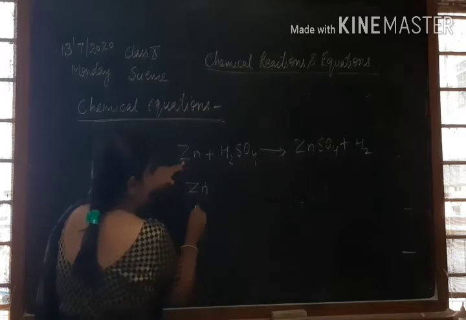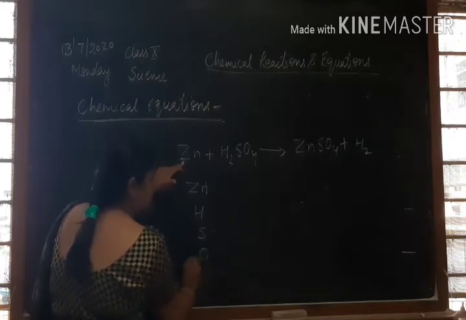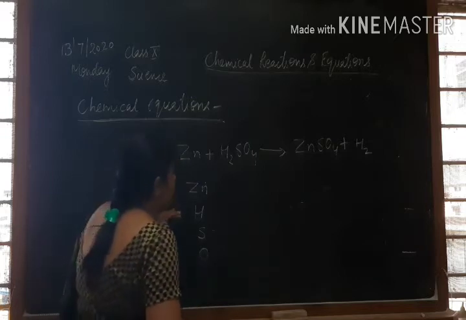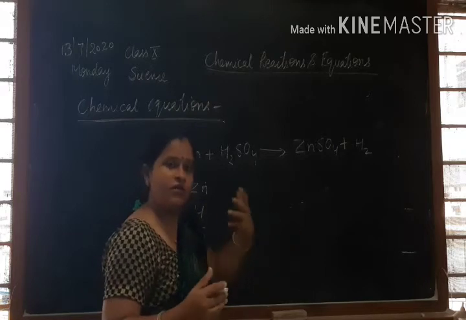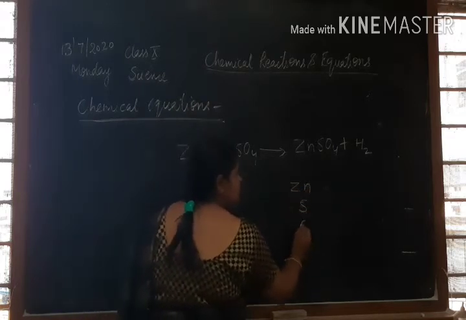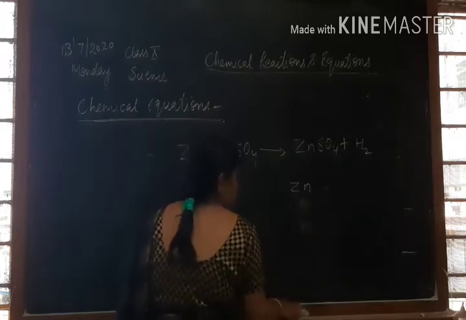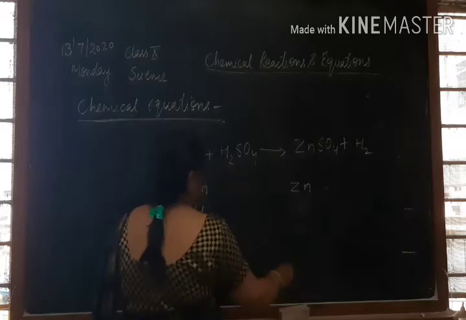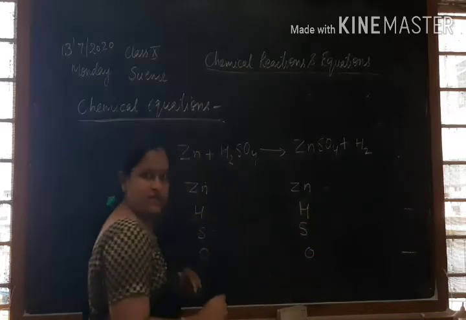One is zinc, next is hydrogen, other is sulfur, and next is oxygen. On the product side also, reactants and products have similar elements: zinc is there, sulfur is there, hydrogen is there, and oxygen is also there.